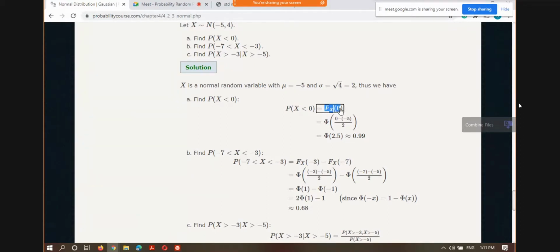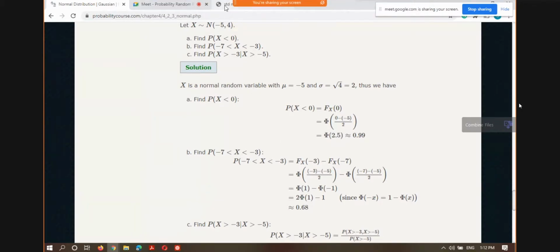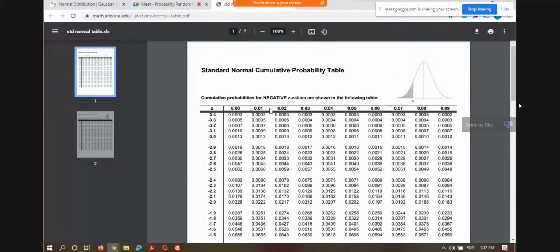So its distribution function can be rewritten in terms of the standard normal distribution function phi, with the value of (x minus mean, which is minus 5) upon sigma. After simplification, we get x equal to 2.5. Now from where can we get the value phi of 2.5? To get this value, we open this table, known as the standard normal cumulative distribution table.